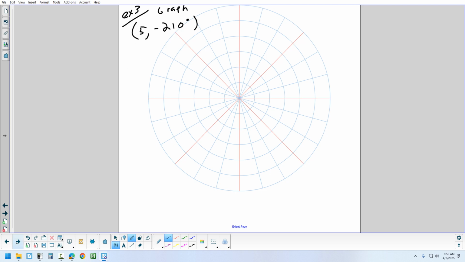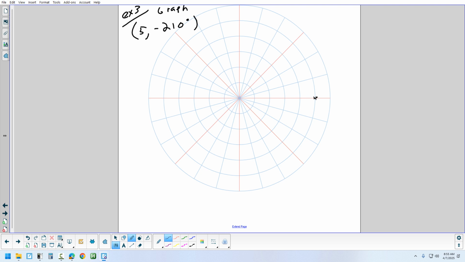All right, next one, a little bit different. Positive radius, negative angle. So this time we're going to rotate a different way. So we're going to start by moving out how many units? 5, and we're going to go 5 to the right. 1, 2, 3, 4, 5. And now we have to rotate which way? Clockwise, and how much?